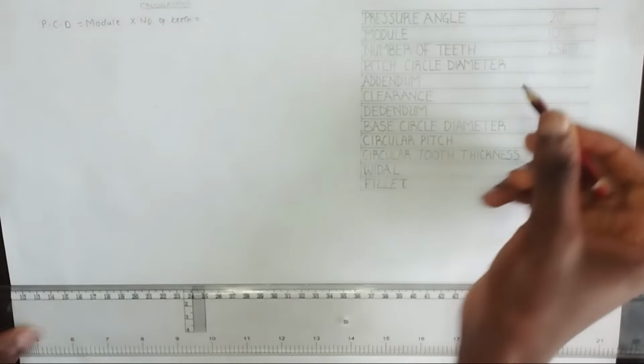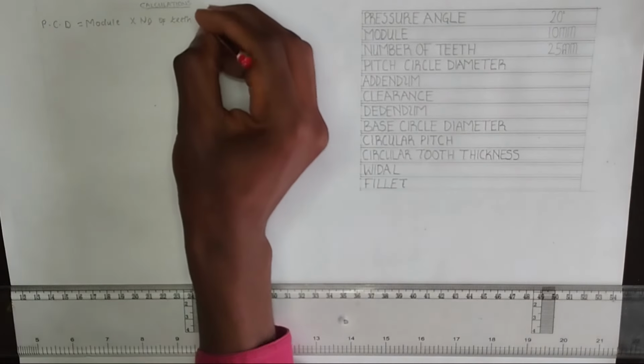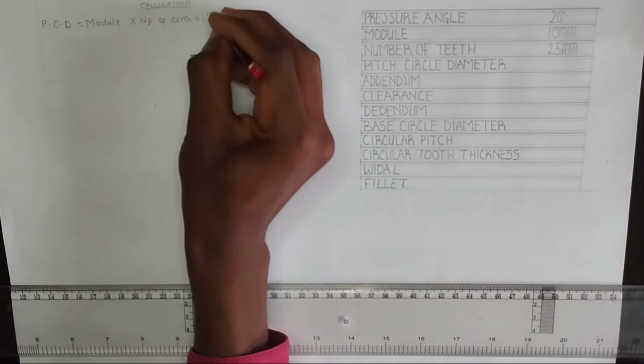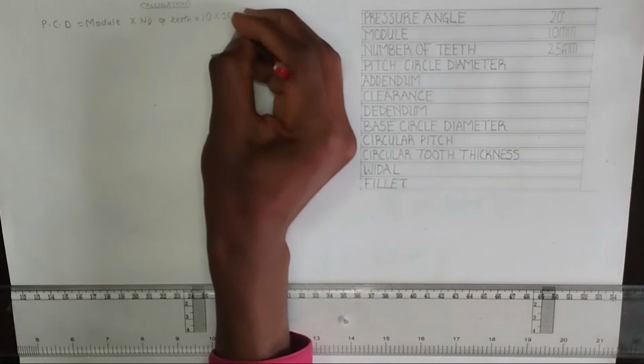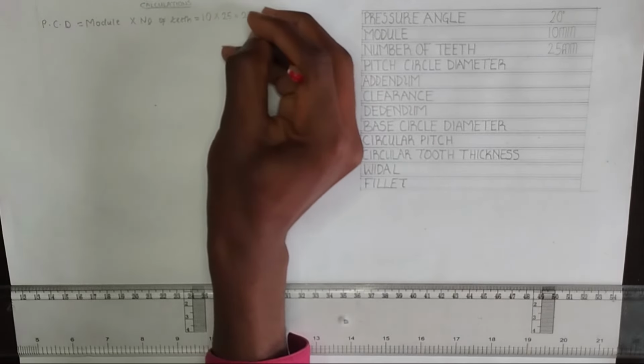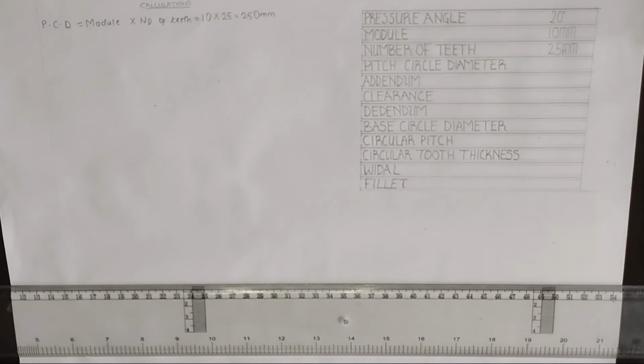Okay, so in this question we have been given our module to be 10 millimeter and our number of teeth to be 25. So that is going to be 250 millimeter. So that is our pitch circle diameter.